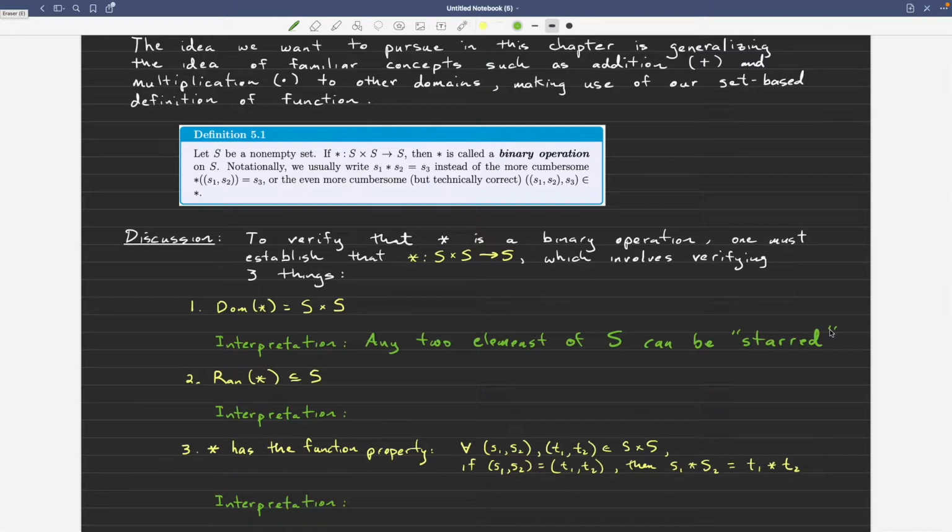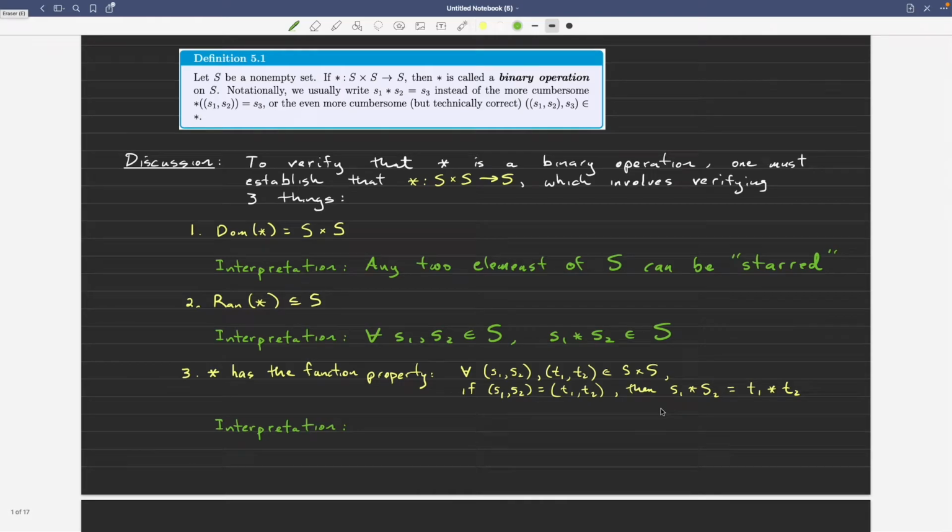And then when we say the range of star is contained in S, the interpretation there is that for every S1 and S2 in S, S1 star S2 is an element of S. So when you put the domain and range bits together, it just says any two elements can be starred, and the result will be an element of S.